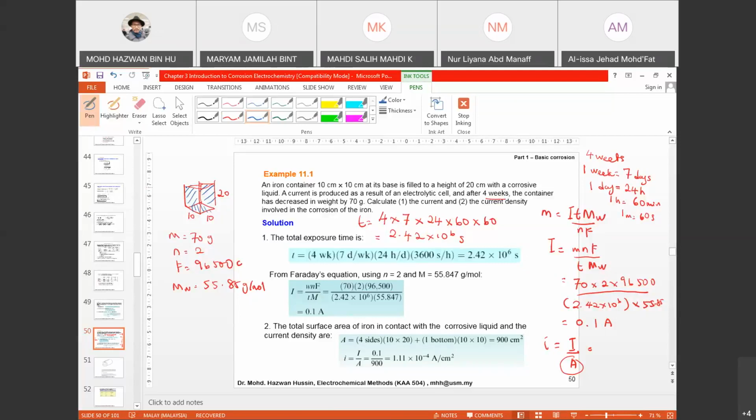But another thing that I want to ask, do we count the top, not the base, the top or the lid of the container? I don't think so. Why? As long as it is not touched by that corrosion. All right. So basically, for the container we have to assume that it is an open lid container.